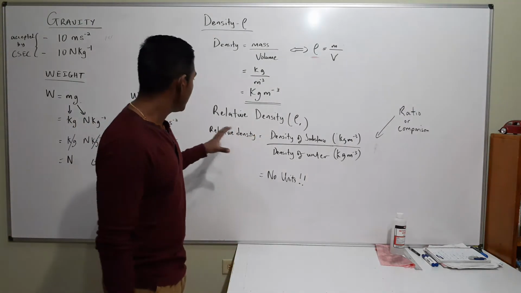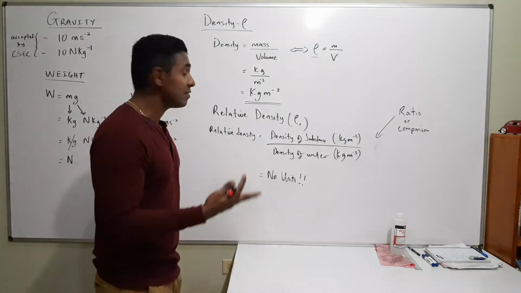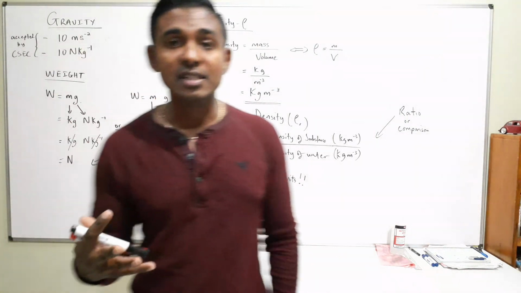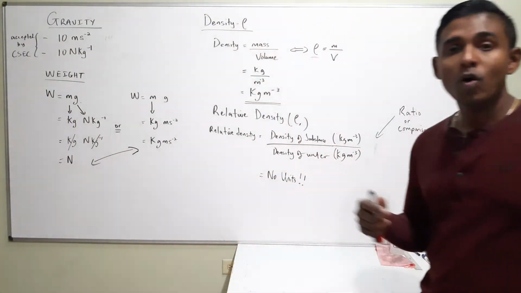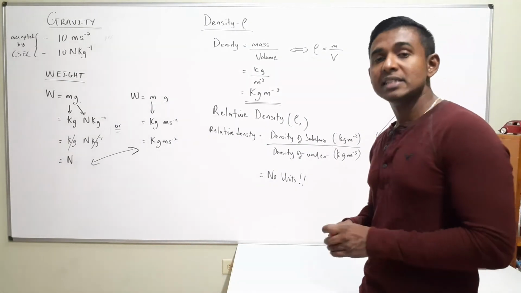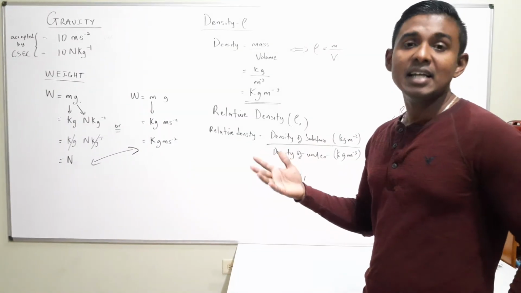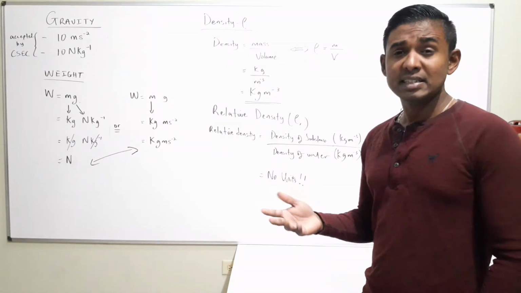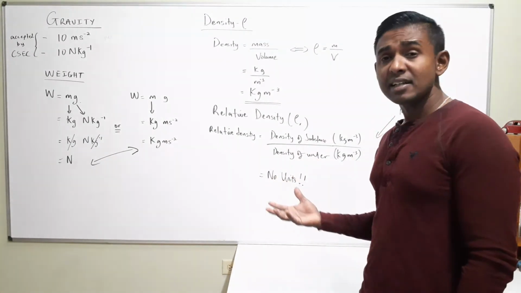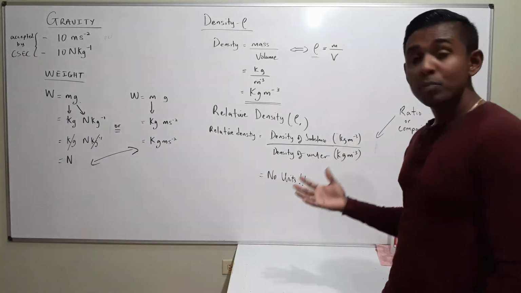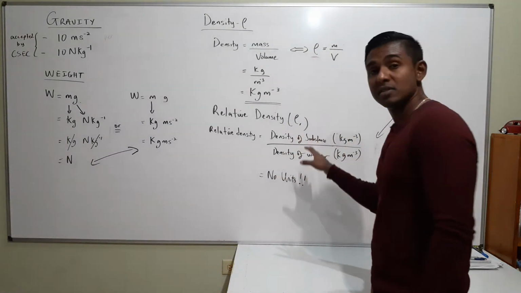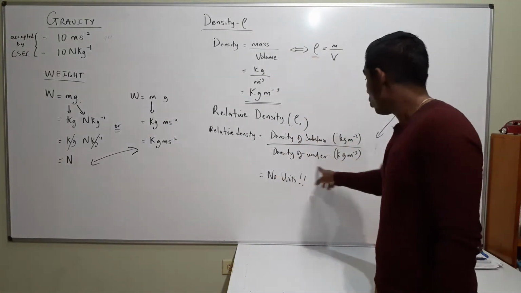And then, of course, we are familiar with relative density. Relative density is a ratio or a comparison of the density of a substance to some standard density. That's what you would most likely see in a textbook. At the CSEC level, we compare the density of the substance to the density of water.